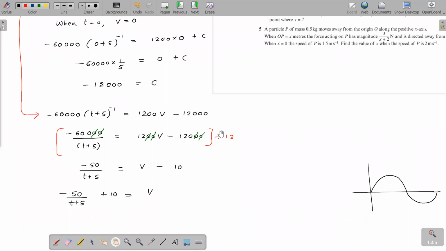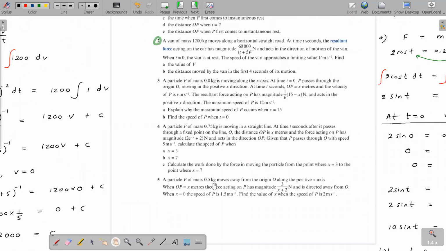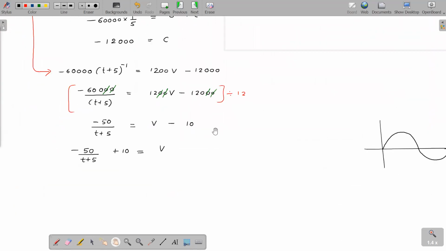Now they are asking us to find the limiting value of the velocity. If you consider this velocity-time graph, you can see that t plus 5 gives a limiting value, in the sense that you have an asymptote here.